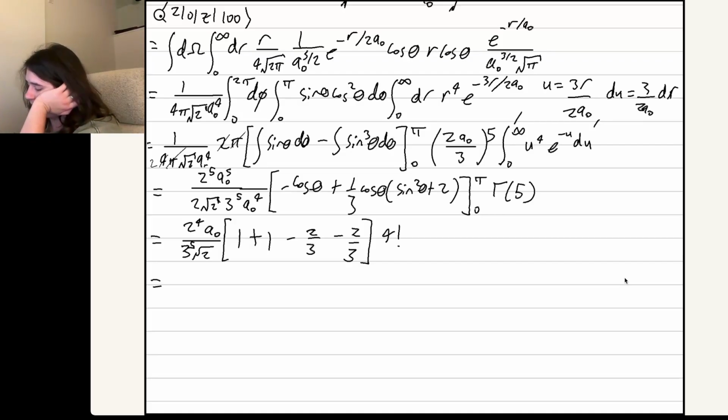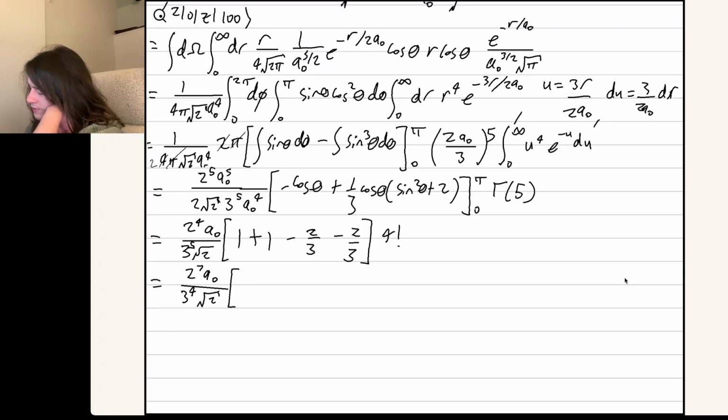Continuing to simplify, 4 factorial is 4 times 3 times 2. So 2 squared times 3 times 2. So we'll actually just have 2 to the 7 up here now, and 3 to the 4th down here, and a root 2.